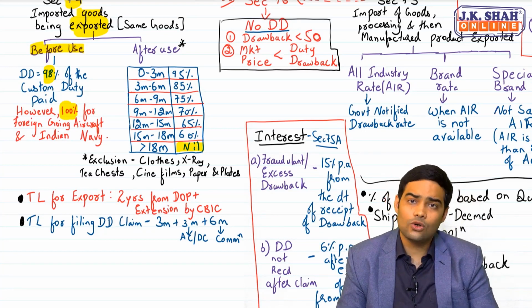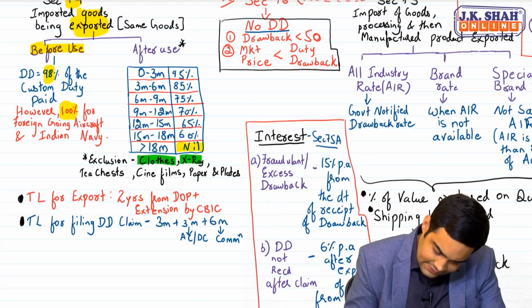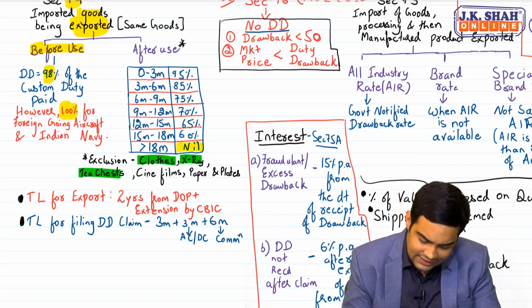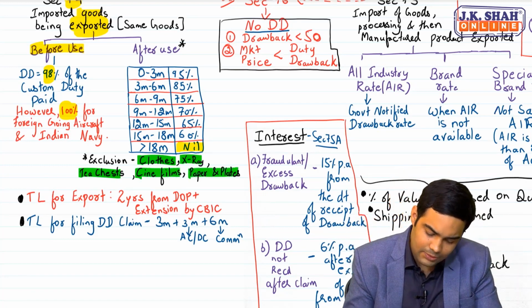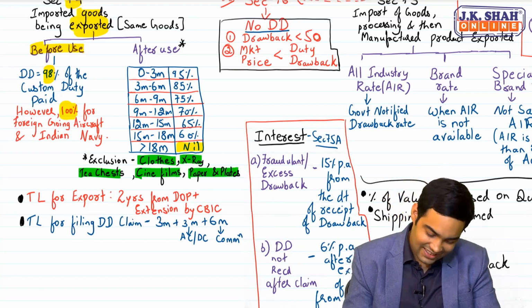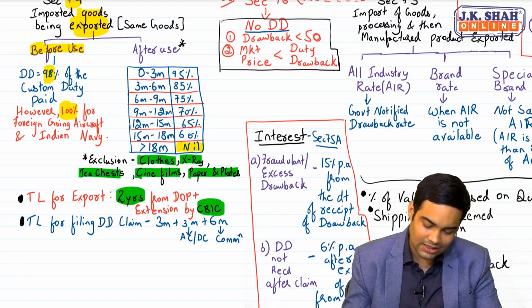There are some exclusions for after use in case of clothes, in case of X-ray, tea chest, the boxes in which tea is stored, cinematographic films, papers and plates, after use being exported, not even a single rupee. Time limit for export, 2 years, and there can be an extension by CBIC.